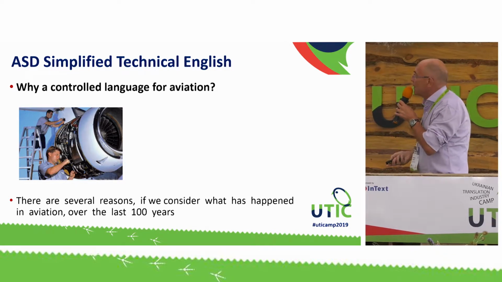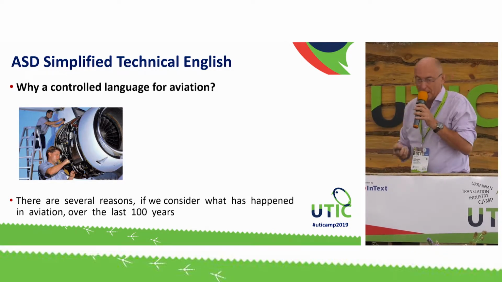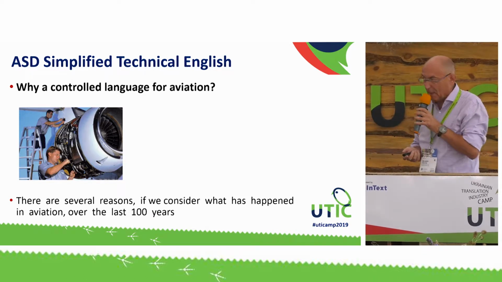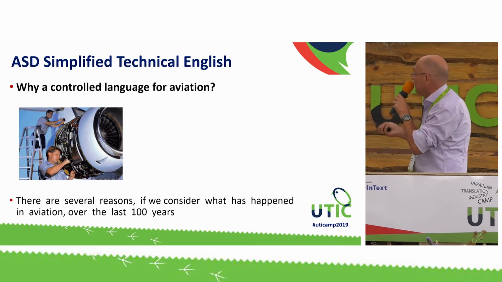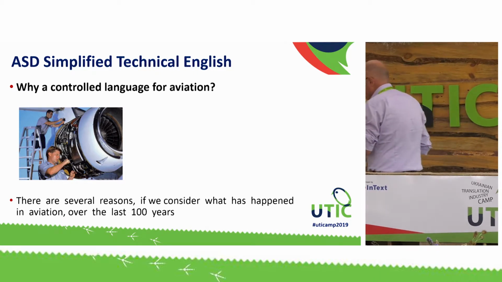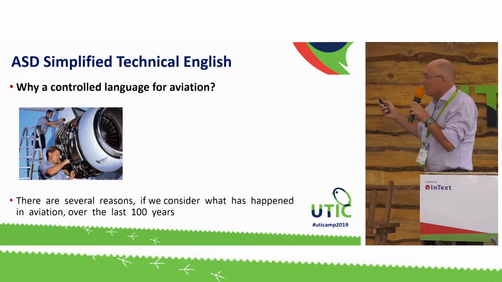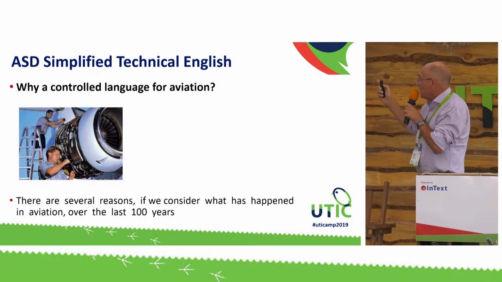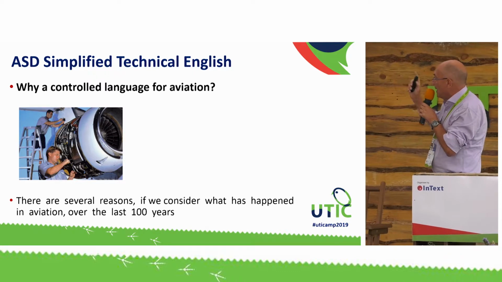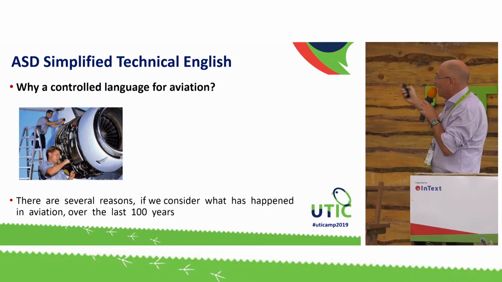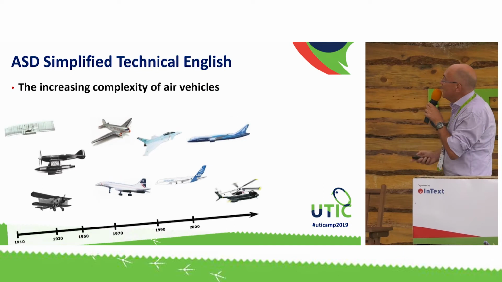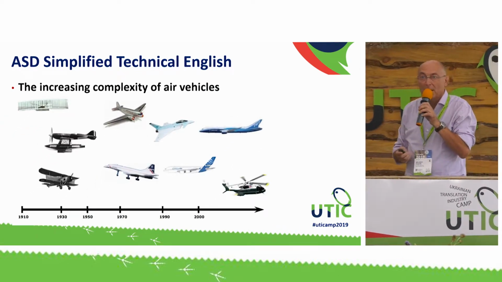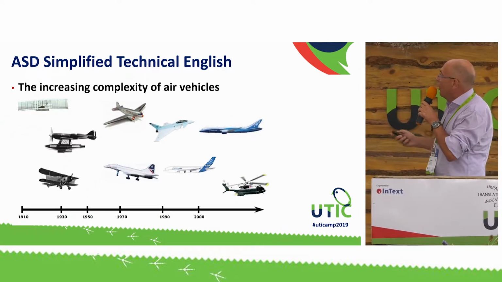So, going back to the creation of Simplified Technical English, why a controlled language for aviation? We can consider several reasons, especially if we look at what happened in aviation over the last 10 years. The first point is the complexity of the air vehicles.